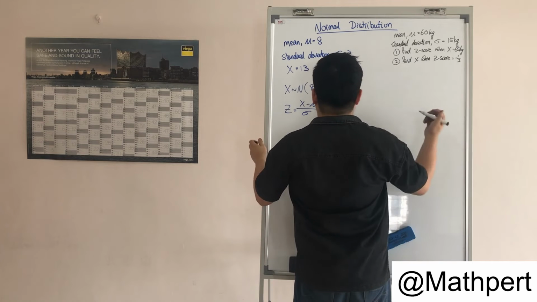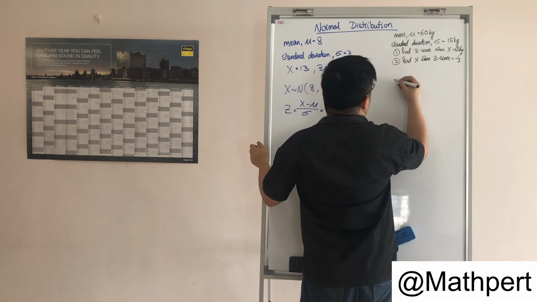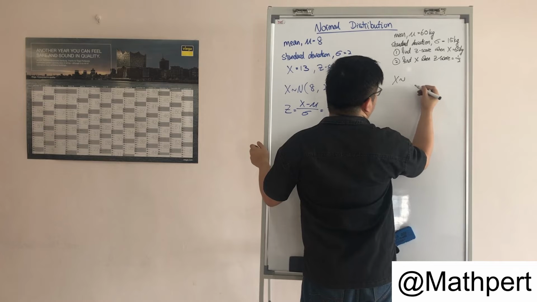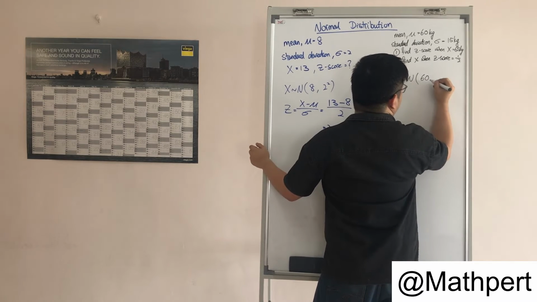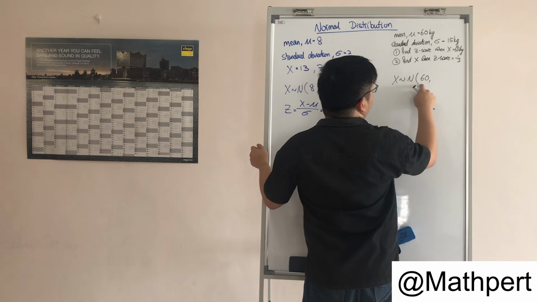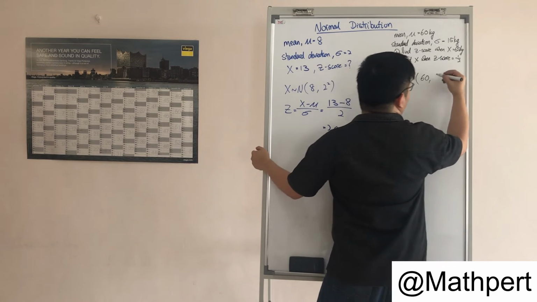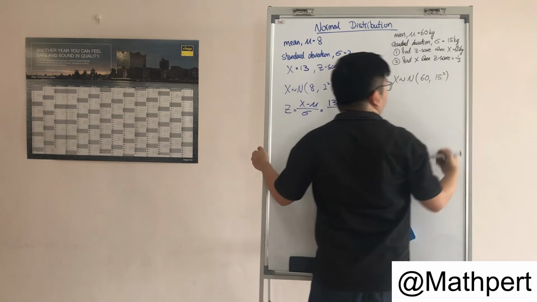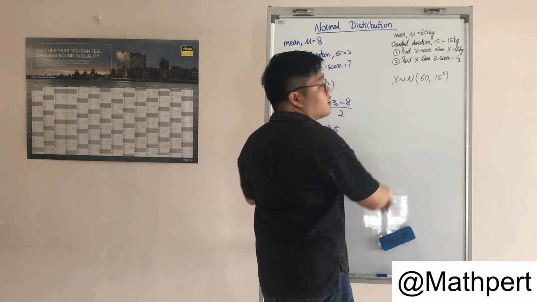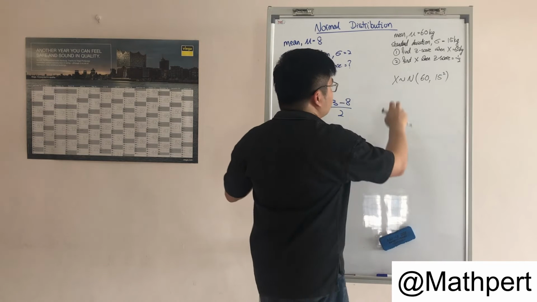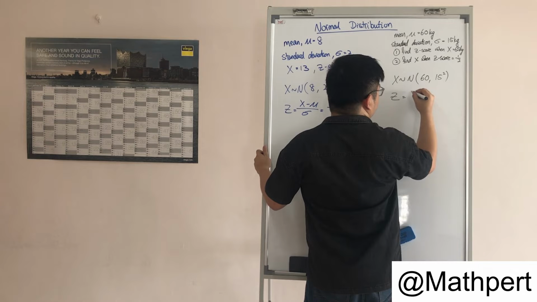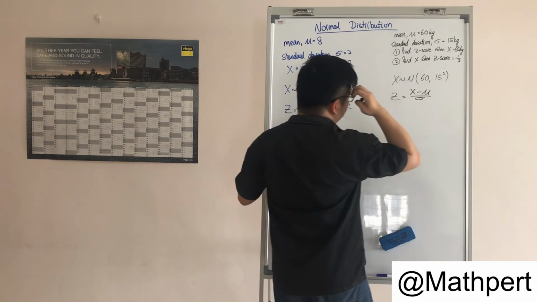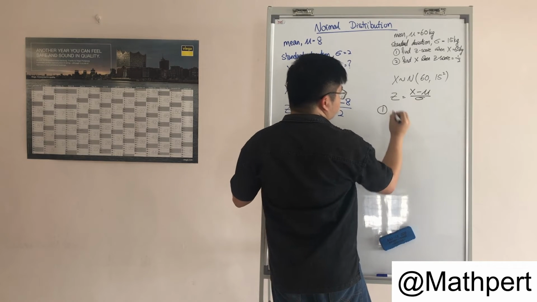So first we write out the normal distribution: the mean is 60, then the variance is 15 squared. This is a standard normal distribution question, so we convert it into Z equals X minus mean over standard deviation.